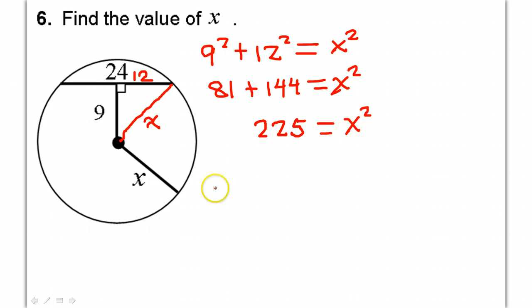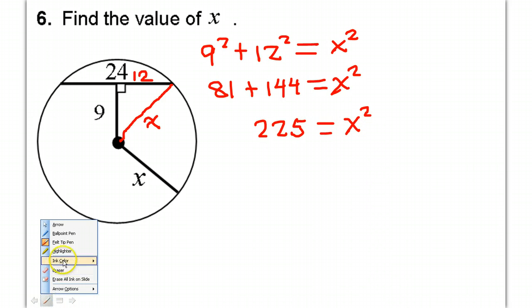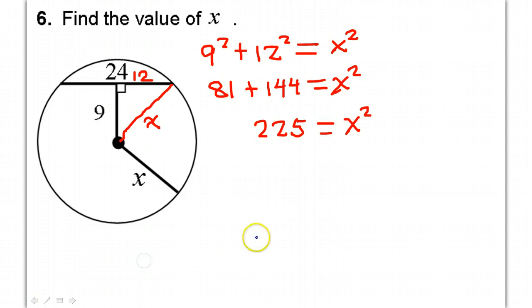Alright, and how am I going to get x by itself? How do we unsquare things? Hopefully you said we are going to take the square root. Now normally we would have to put a plus or minus right here to show that there are two solutions to this equation, one positive and one negative.